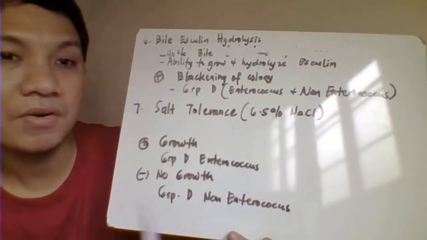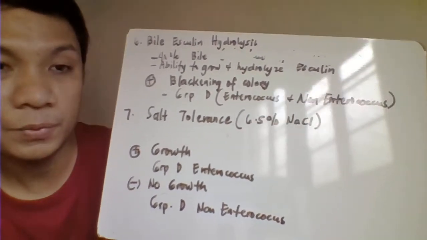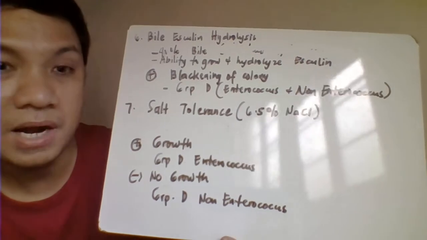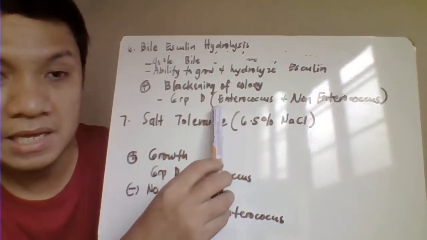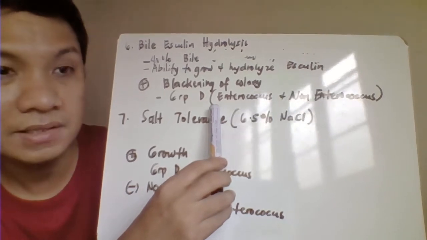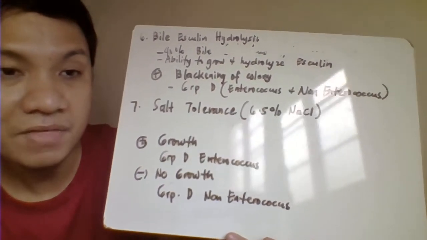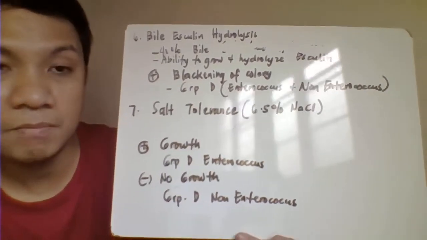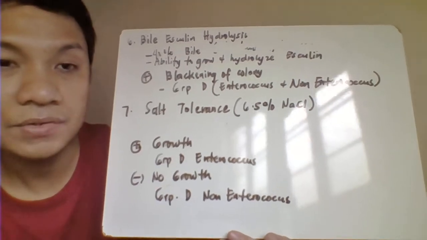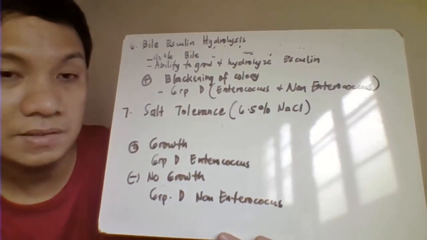Basically, this test, bile esculin hydrolysis, will identify your group D strep, both your enterococcus and your non-enterococcus. Enterococcus in group D includes Strep faecalis and Strep faecium. The non-enterococcus is Strep bovis. Both of them are able to grow in 40% bile and able to hydrolyze esculin. All the other strep will not grow and will not hydrolyze the esculin.